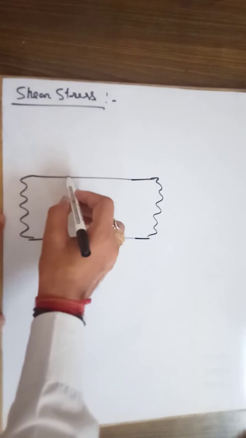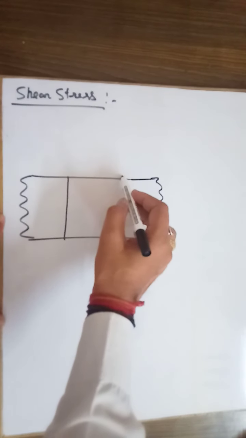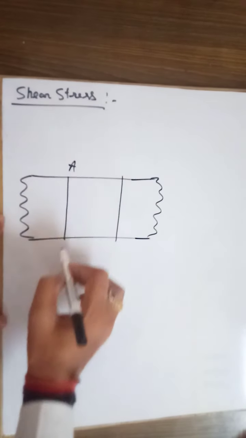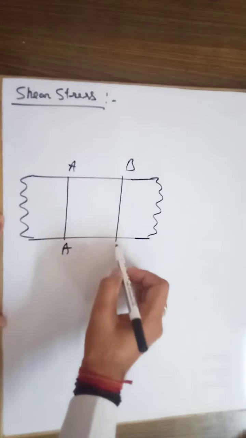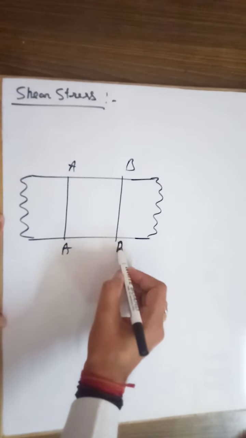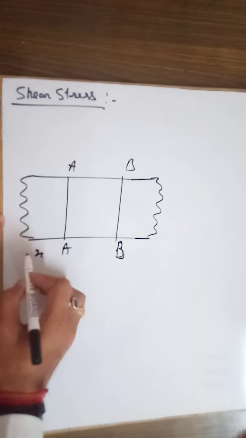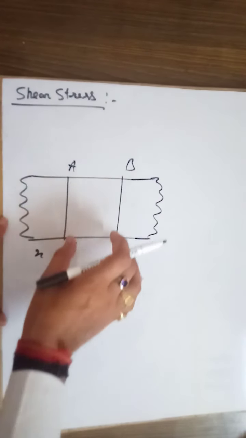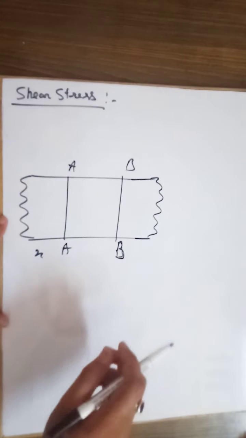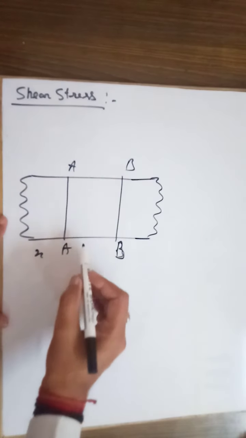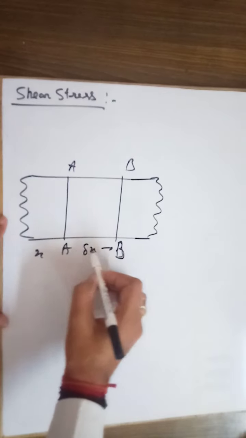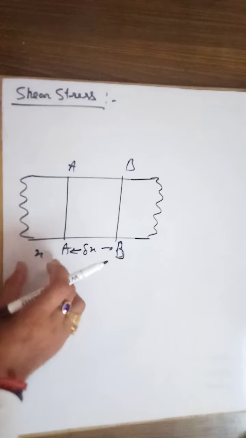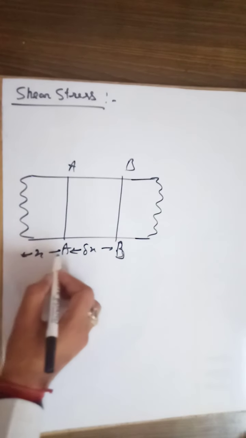Consider this segment of the beam, with these two sections, section A and section B. If this distance is x from one end, then the length of this elemental segment is delta x.